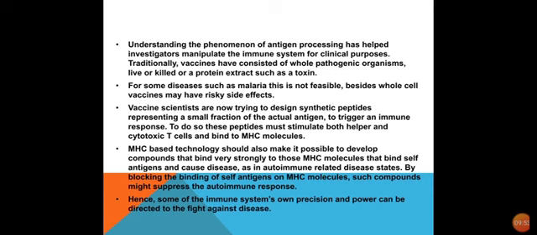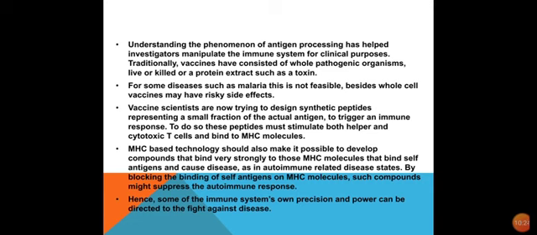Vaccine scientists are now trying to design synthetic peptides representing a small fraction of the actual antigen to trigger an immune response. To do so, these peptides must stimulate both helper and cytotoxic T cells and bind to MHC molecules. MHC-based technology should also make it possible to develop compounds that bind very strongly to those MHC molecules that bind self-antigens and cause disease.